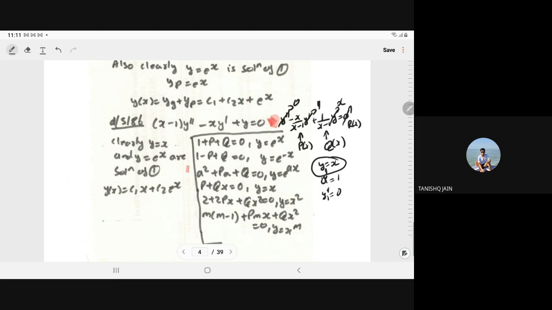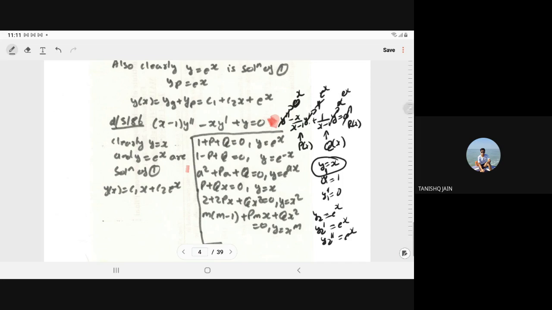Then after, if you take y2 is equal to e to power x, so y2 dash will be e to power x and y2 double dash will be e to power x. So when we put y double dash as e to power x, y dash as e to power x, and y is equal to e to power x, you will see it will give you again 0.